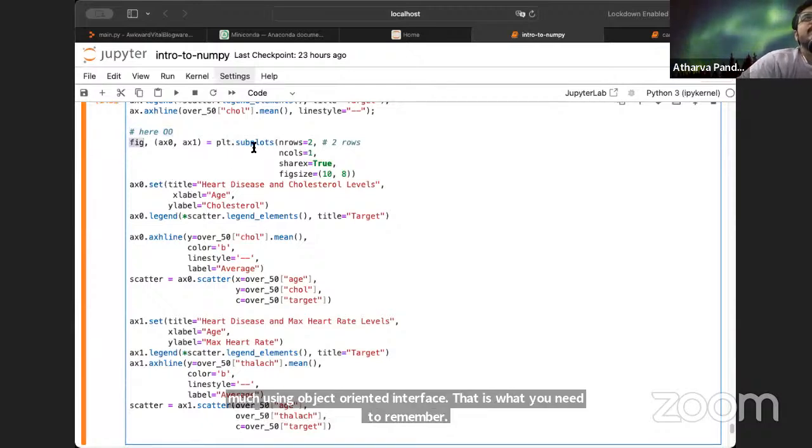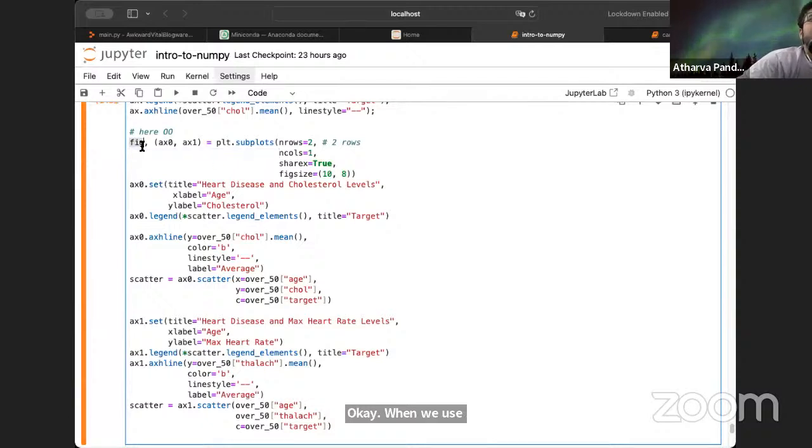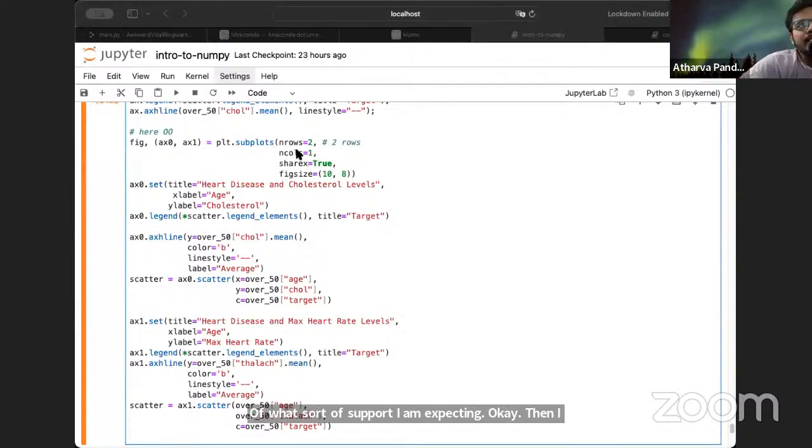When we use subplots, it gives us two variables, figure and axes, and we can have as many axes as we want to plot, each of equal size and equal properties. Here we want number of rows as 2 and number of columns as 1.